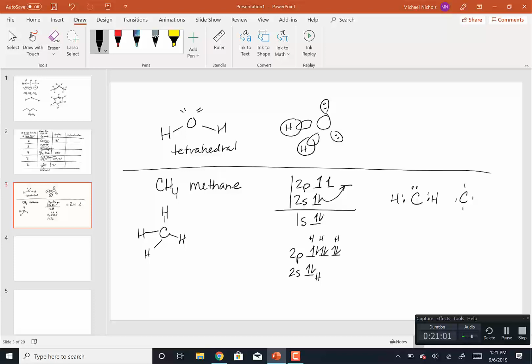Why? Because the 2s has what kind of shape? Well, S stands for spherical. And then the p orbitals have these dumbbell shapes, and there's a px, a py, and a pz. And three-dimensional space doesn't come with axes.